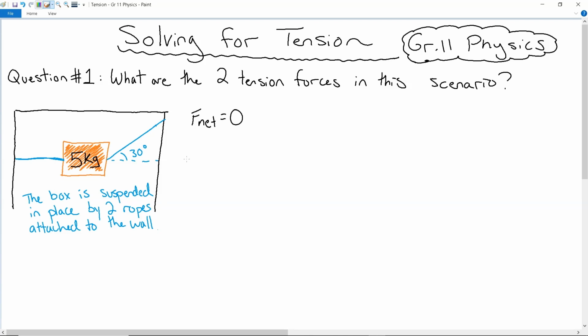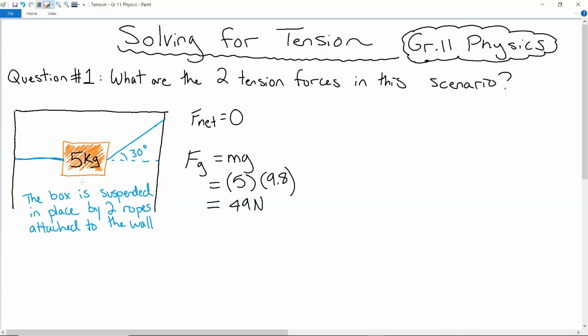What I also know is that there is a gravitational force going on here. So let me plug in 5 kilos and see how much force is downwards. 5 times 9.8 will give me 49 newtons.